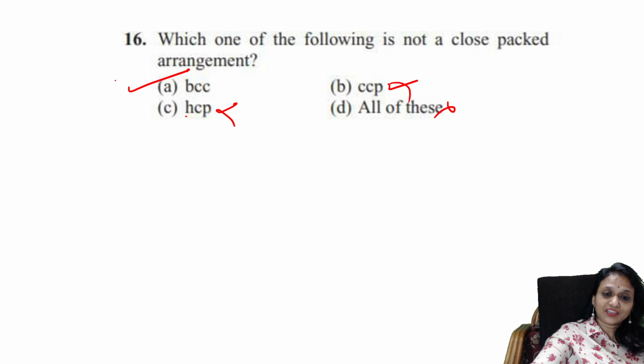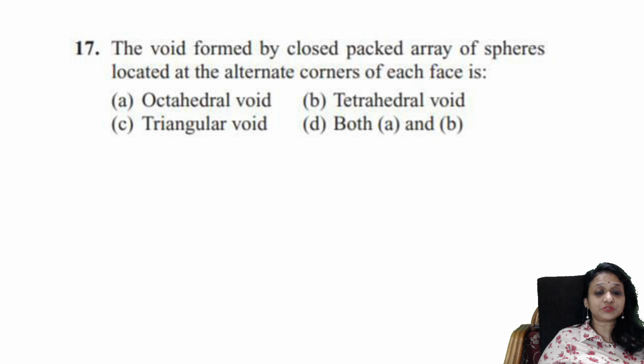The void formed by close packed array of spheres located at the alternate corners of each face is. All right. So normally remember students, whenever we say voids, carefully remember this is your triangle.